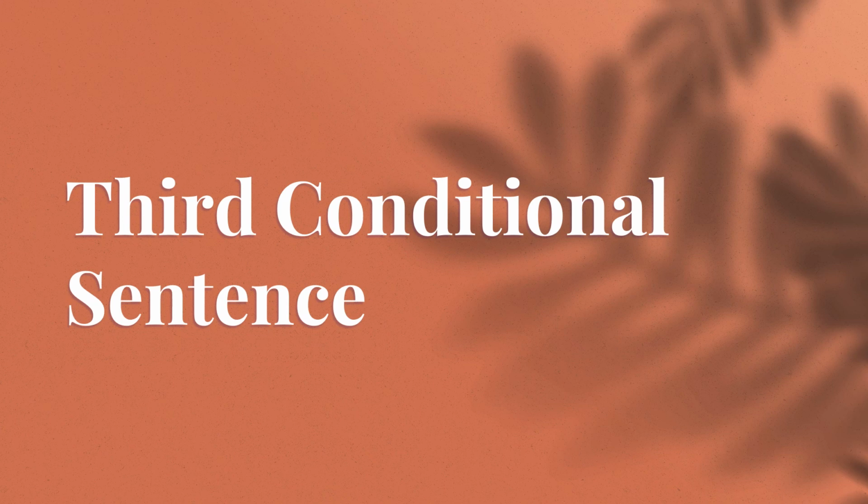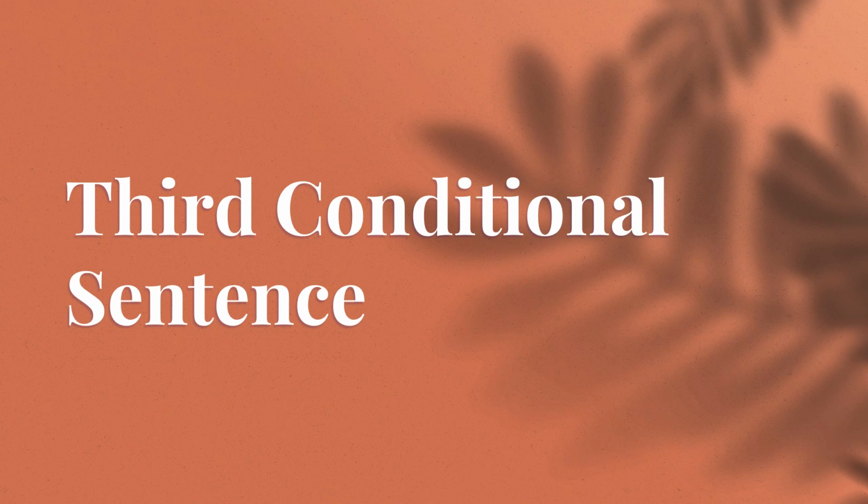The reality is that there is coronavirus, so we have online class. So once again, second conditional sentence is used to talk about present situation that is impossible to happen or it's only imagination. What about third conditional sentence?